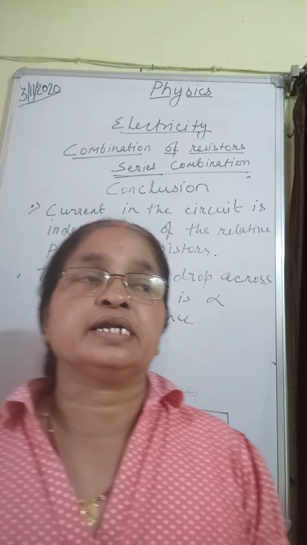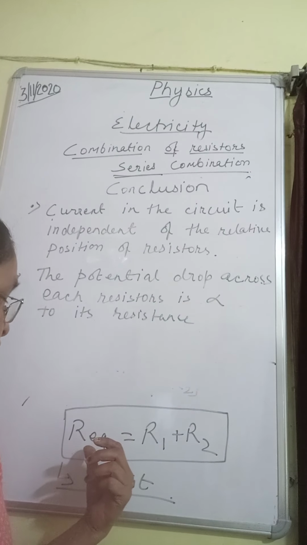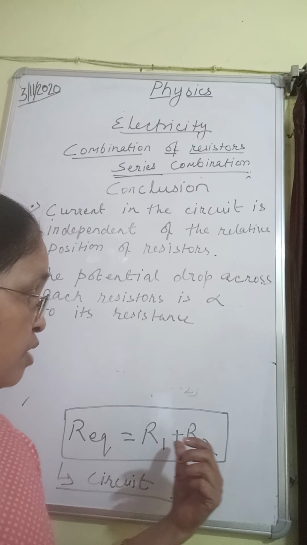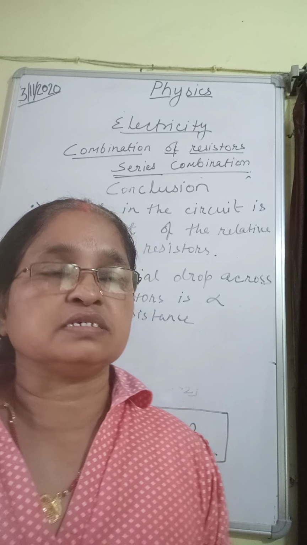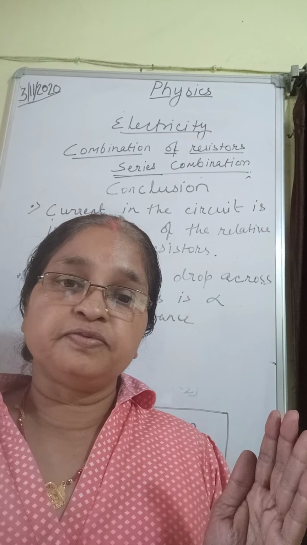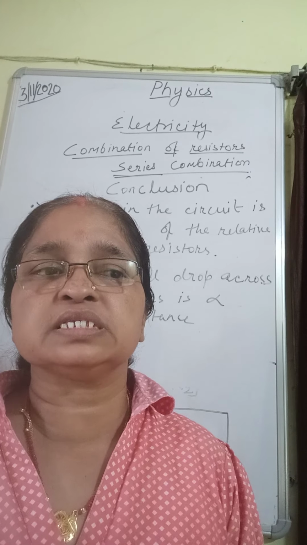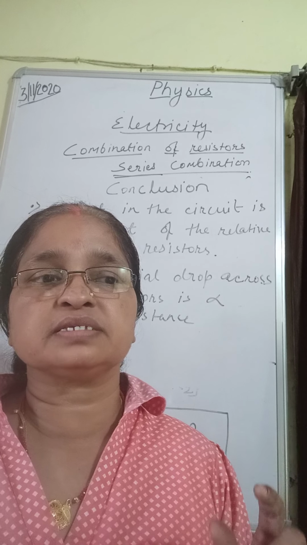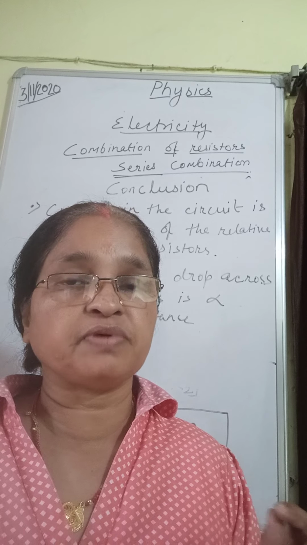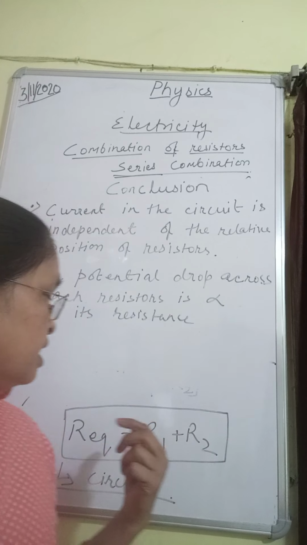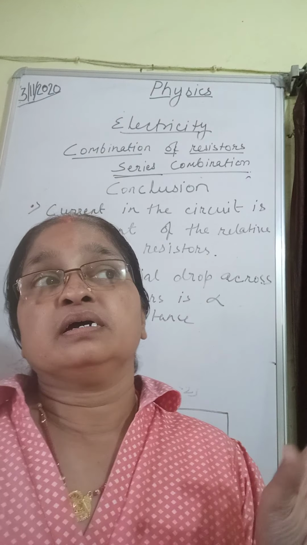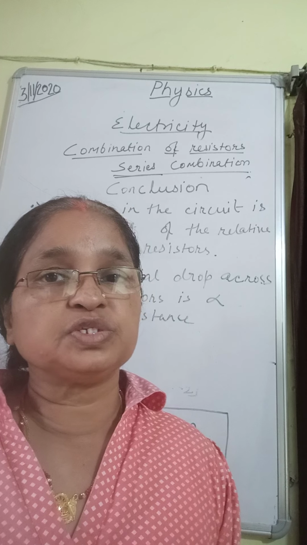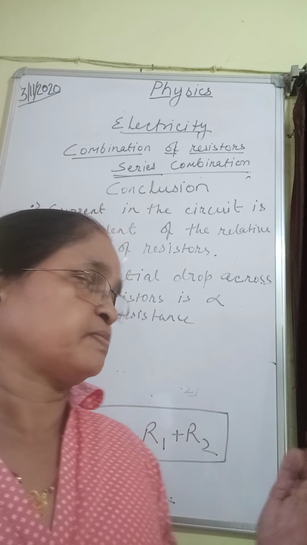Next, you will find that the equivalent resistance is the sum of the individual resistances. Suppose the maximum individual resistance value is 5 ohm, then naturally the equivalent resistance will be greater than the greatest individual resistance.